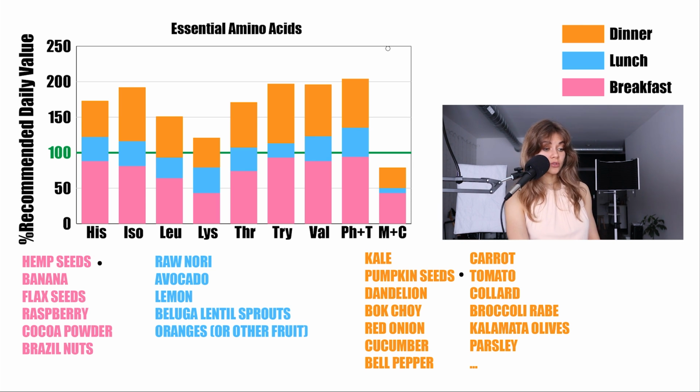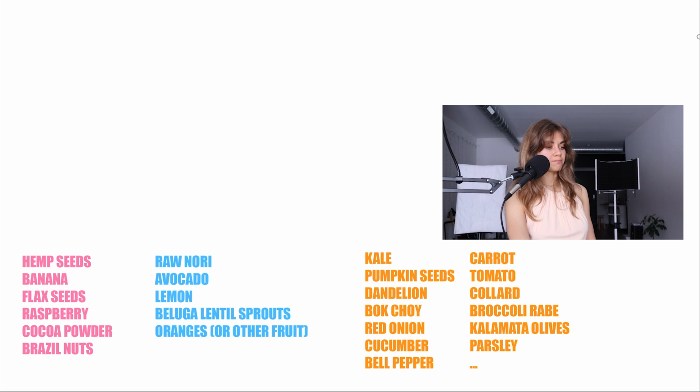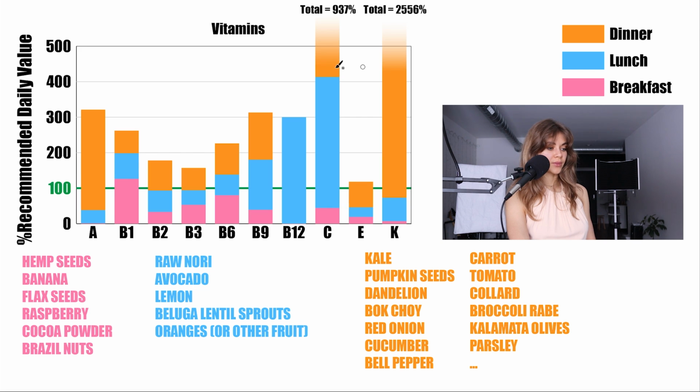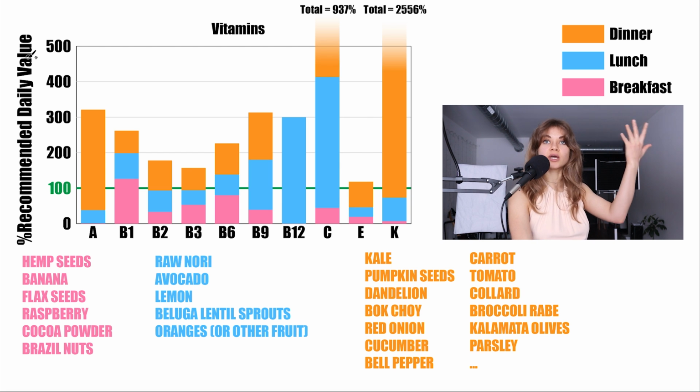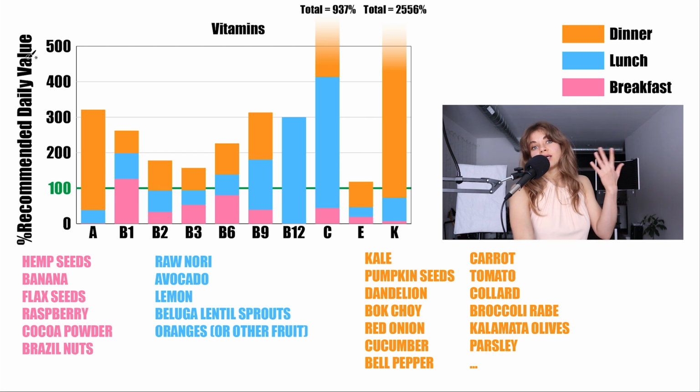Now let's jump into the next slide, which is related to the vitamins. Here I put recommended daily value as with amino acids on the y-axis. And I did not put vitamin D, because vitamin D is synthesized when we have access to sun, and it's not synthesized if we live in New York.